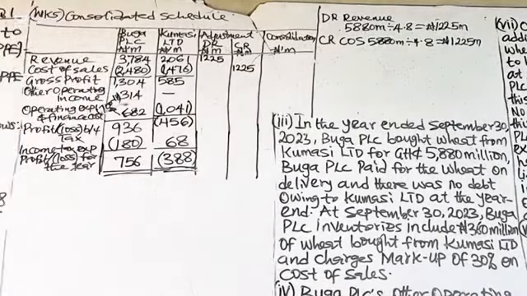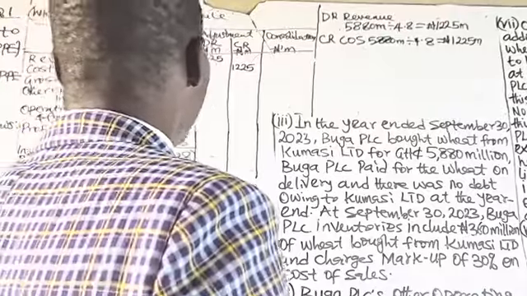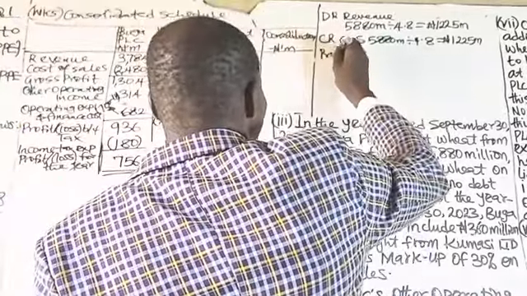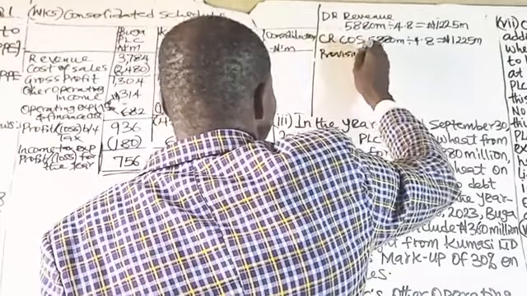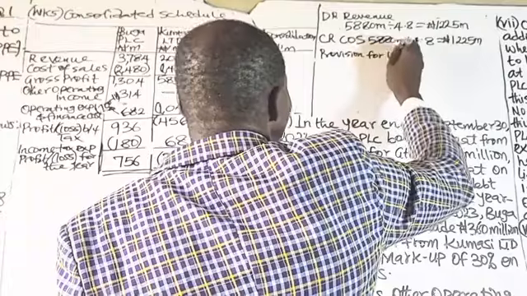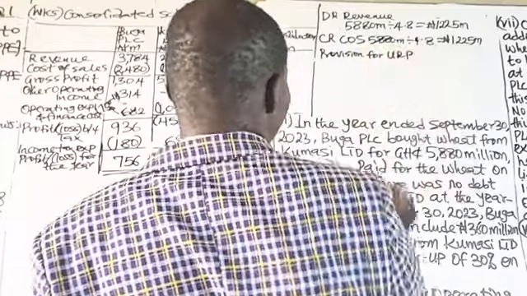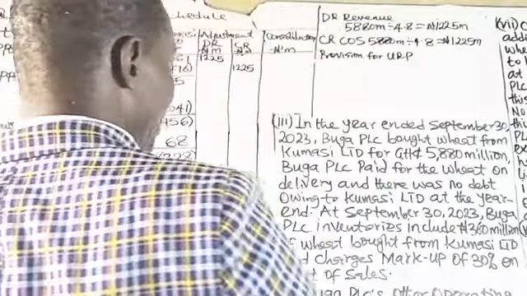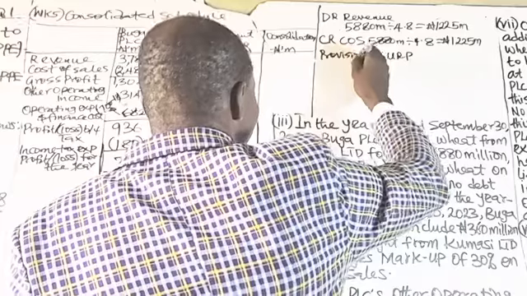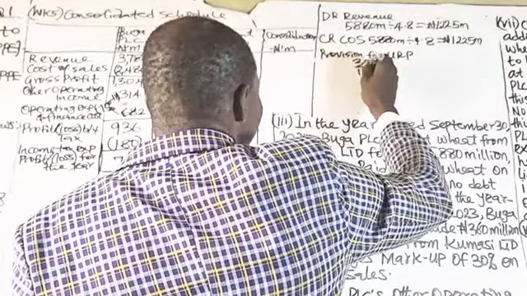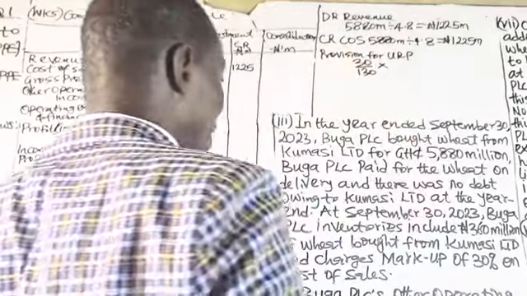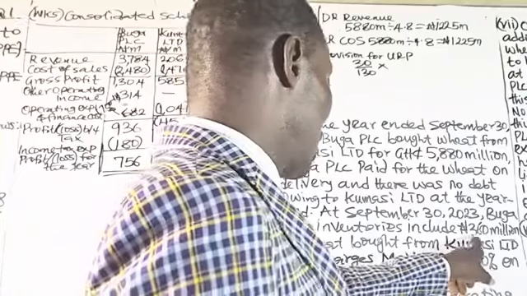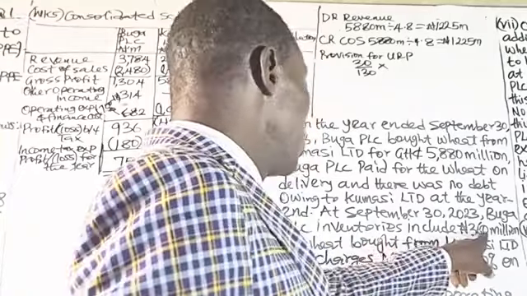Now, we also calculate the provision for unrealized profit. You were given a markup of 30%. So 30 over 130 times... Remember, the unrealized profit is usually calculated on the unsold inventory. And inventory includes 360.